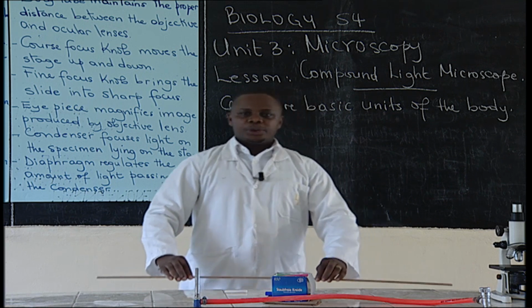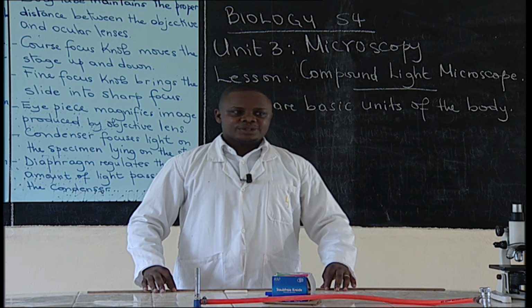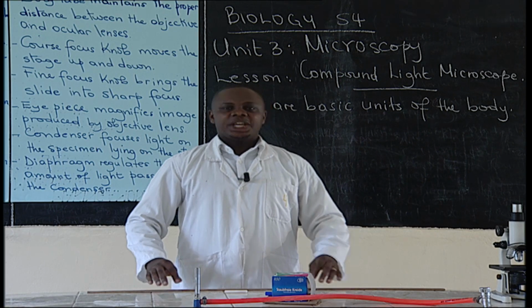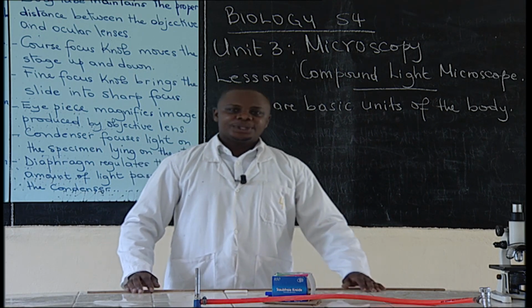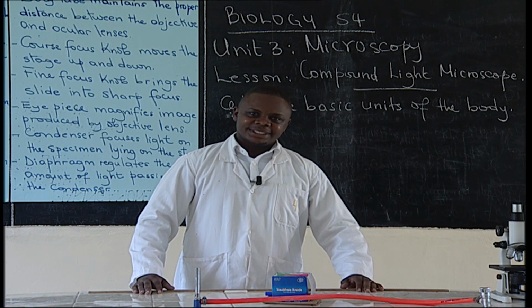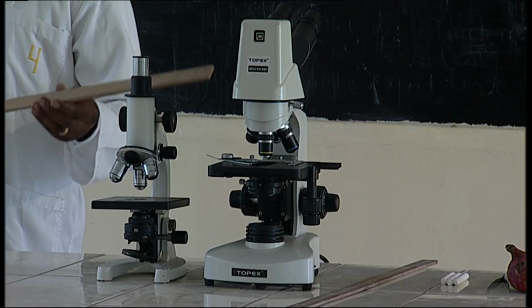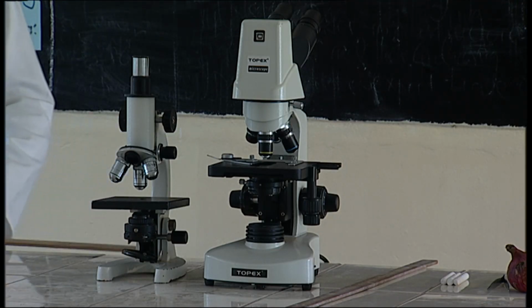It's not only in schools, even in universities, high institutions of learning, they do a lot of research about different organisms. They also study organisms. So in that case, universities also use microscopes.